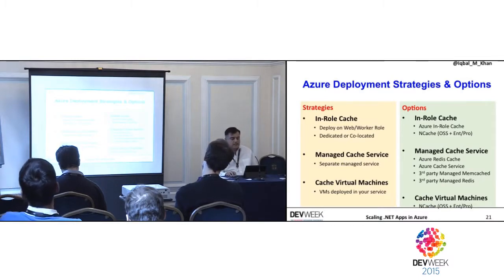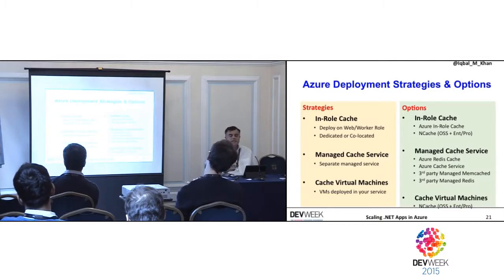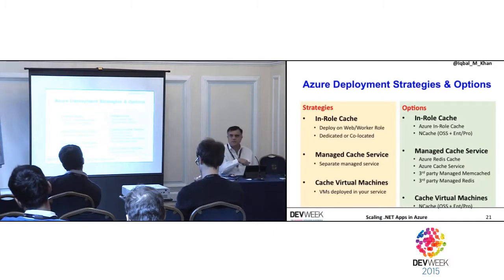So the cache could either be co-located, which means it's on the same role as your application, or it's dedicated, which means you have, let's say, a dedicated worker role just for the cache. Strategy number two is that you use a managed cache service. That seems to be the most popular strategy from Microsoft's perspective.